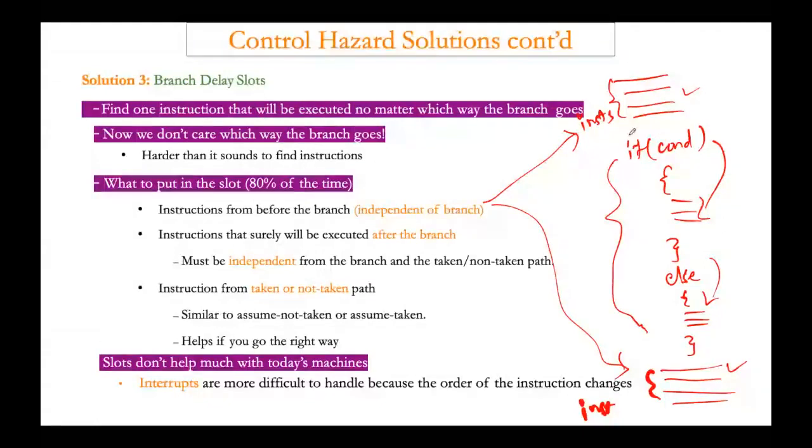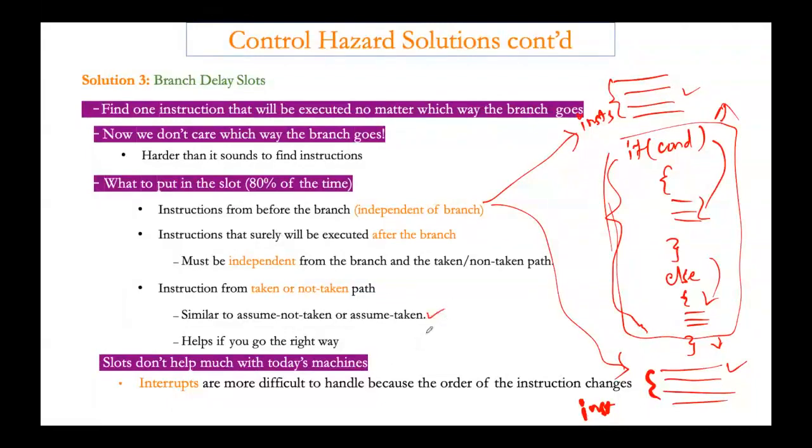Instructions before and after the branch must be independent from the branch and the taken or non-taken path. These instructions from the taken or not taken path are similar to assume not taken or assume taken. If you go the right way, these instructions will be executed. If it goes wrong, then these instructions will be flushed, and the instructions inside the branch will be executed.